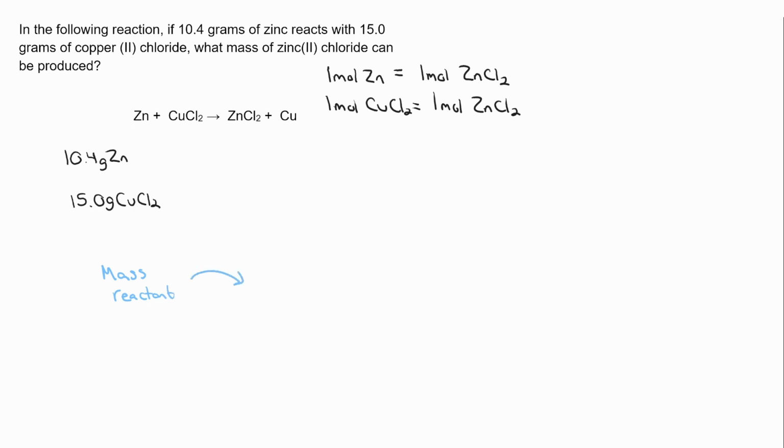We go to the moles of a reactant using molar mass, which I'm just going to give you as a big M. Then with our recipe, we can go to moles of our product, using the conversion factors we found above. And then with our moles of product, we can go to our mass of our product using another molar mass relating to our product. So this is the roadmap that we're going to take.